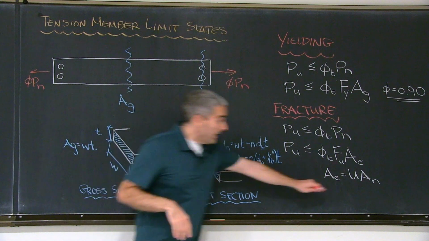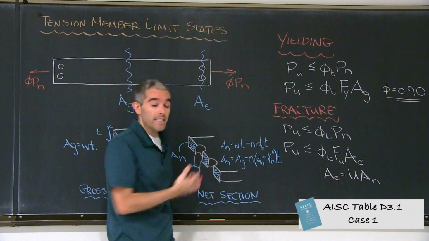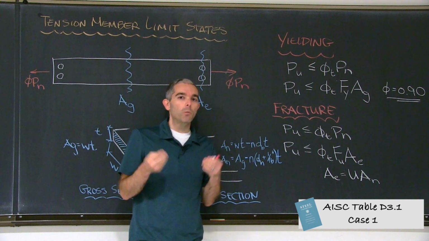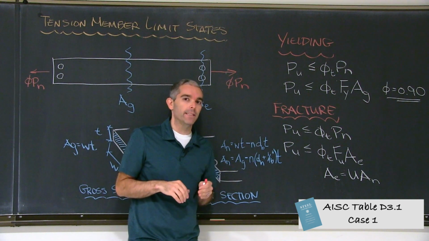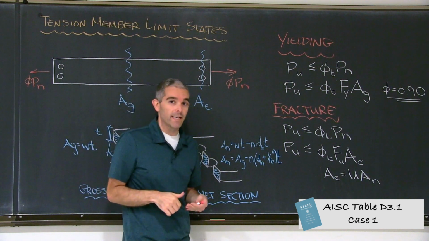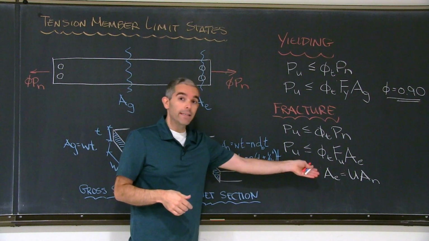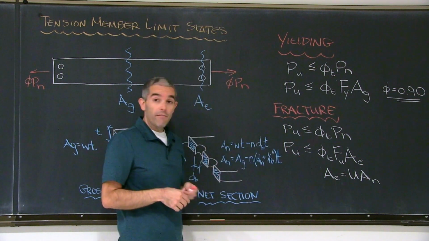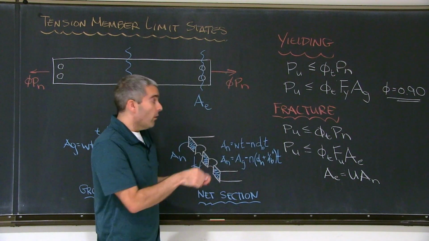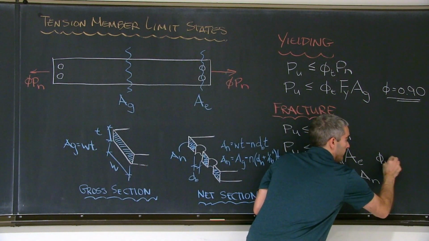But in this case, for just a simple plate tension member, U would actually be 1 because there is no shear lag for this member. So it's connected at all portions of the cross section. So U is going to be 1, and in this case, we could do the calculation with the net section area for fracture. Note for fracture, phi is equal to 0.75.